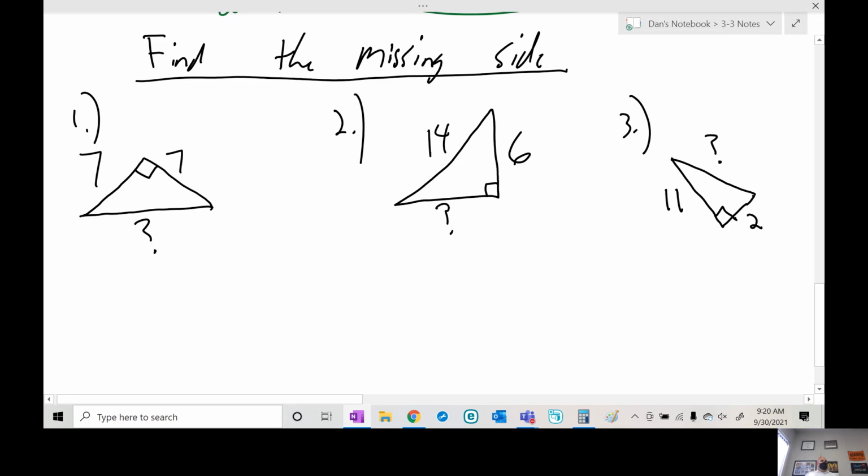Try those 3 out, and then you're going to have to figure out what's missing. Is a leg missing, or is a hypotenuse missing? Once you figure that out, you have to make sure, are you going to add them or are you going to subtract them? I'll give you guys a little bit of time to try to work on those. Round to the nearest hundredth.